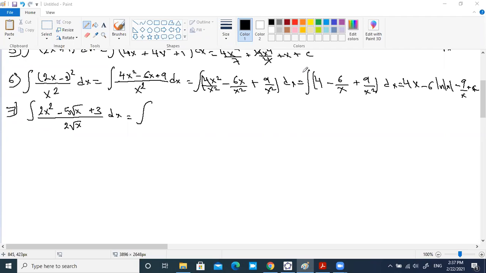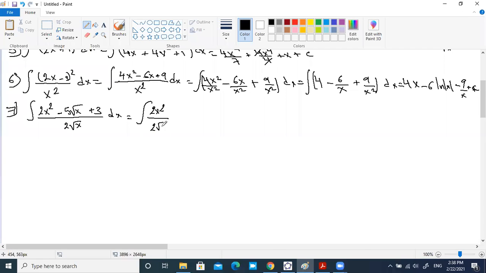Yes, professor. Let's see how to find this integral. First thing, split. 2x squared over 2 radical x, meaning 2x to the power half.